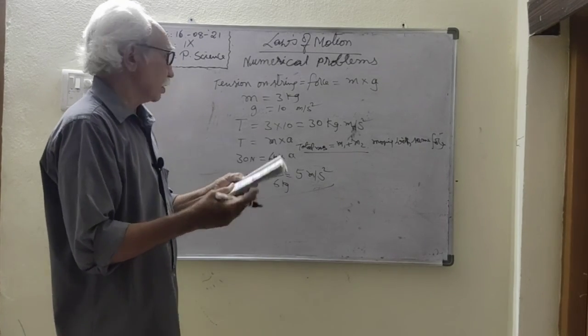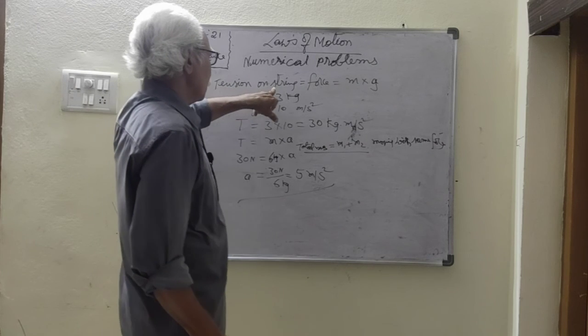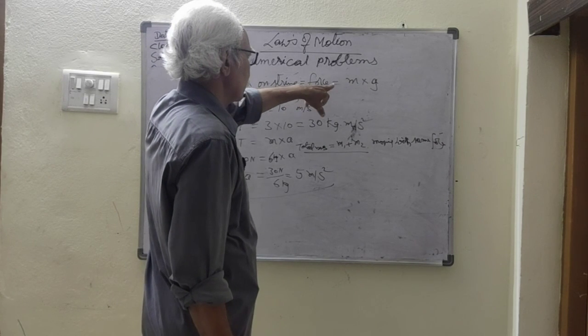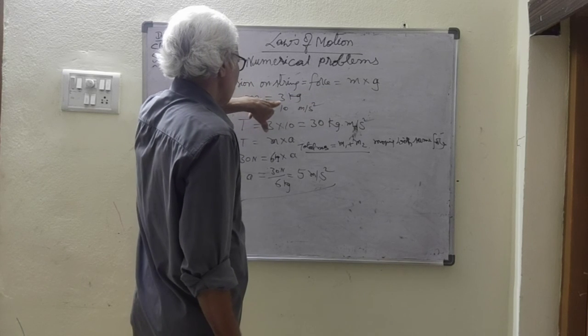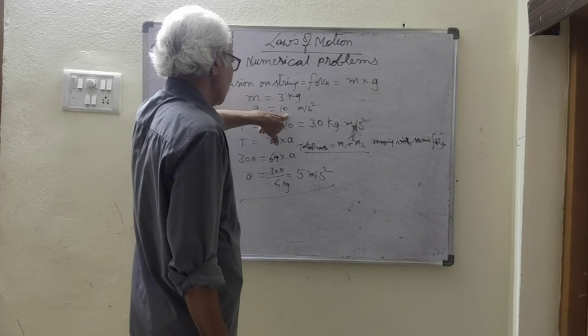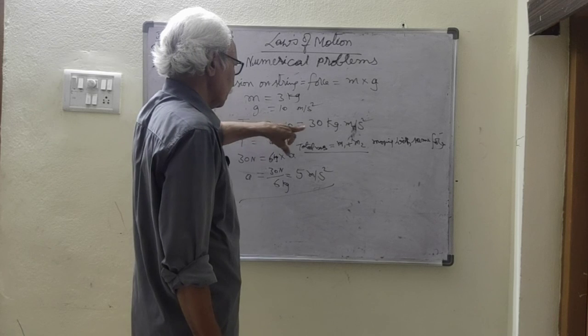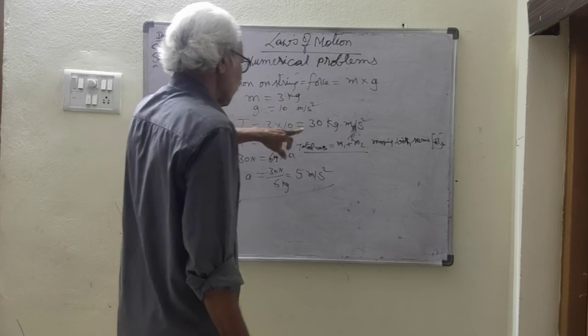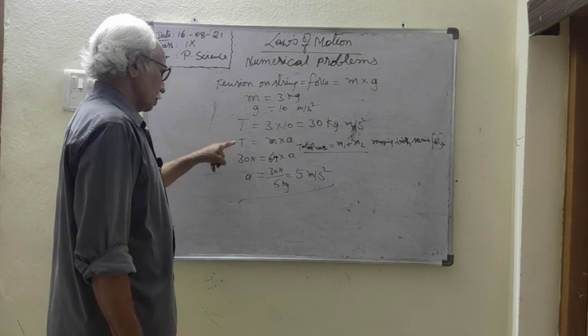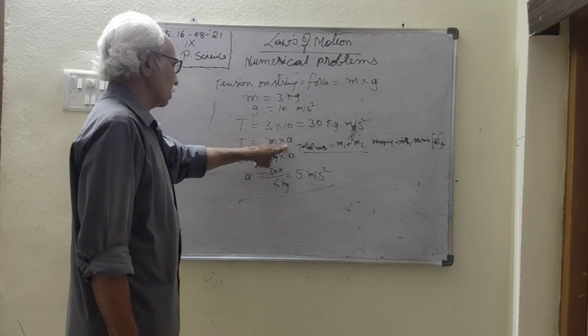So the tension on the string is equal to force, that is m into g. Mass is 3 kilograms, g is 10 meters per second square, so tension is 3 into 10, 30 kg meter per second square, acting on the string. Then tension is equal to mass into acceleration.